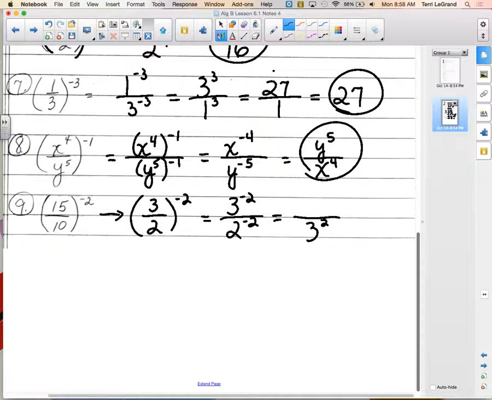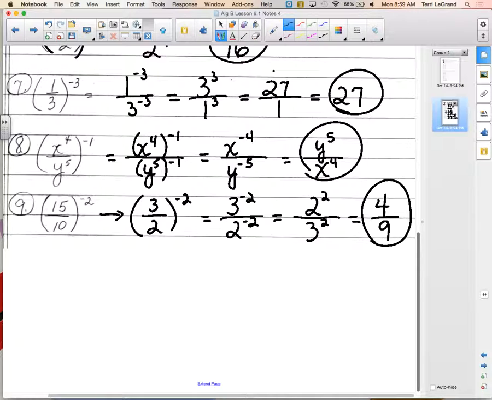So we have 3 to the positive 2 power. Downstairs we have the 2 to the negative 2 power, so it's going to move upstairs and become 2 to the positive 2 power. And we can actually go one step further because we can do 2 squared, it is 4. And we can do 3 squared, it is 9. We will get 4 ninths.